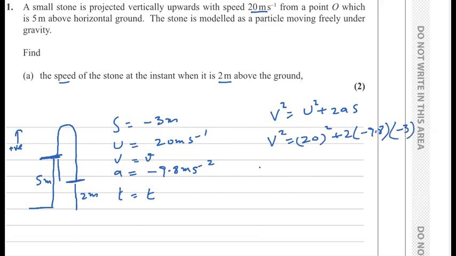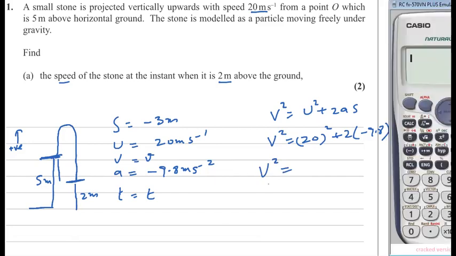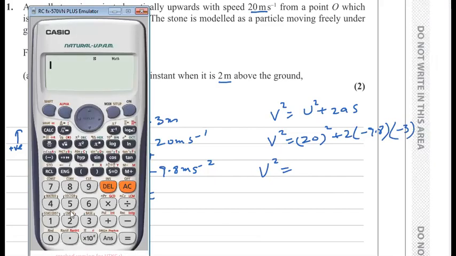So v squared will be equal to, let's calculate: 20 squared plus 2 into minus 9.8 into minus 3. So we'll get 458.8.